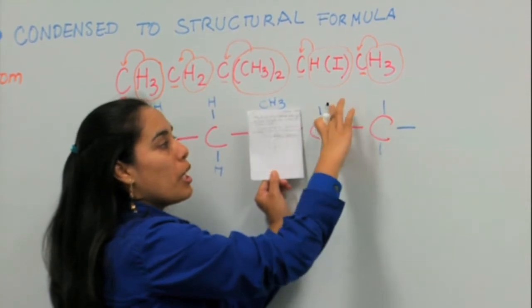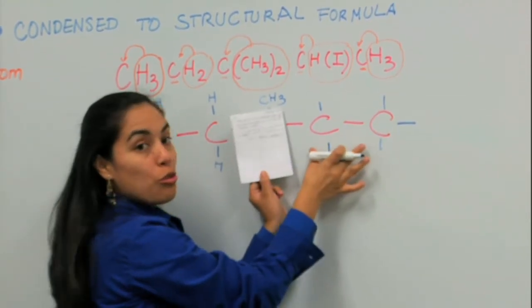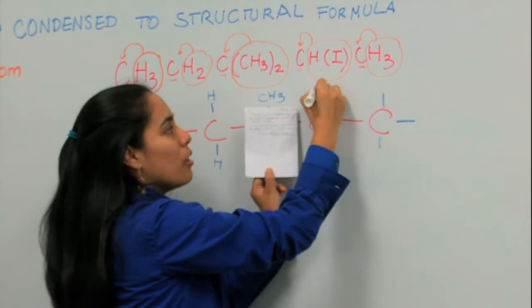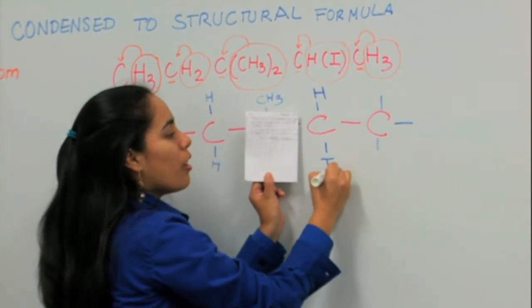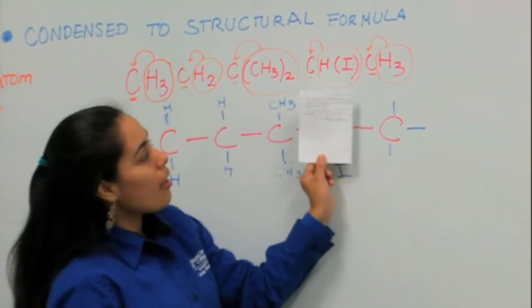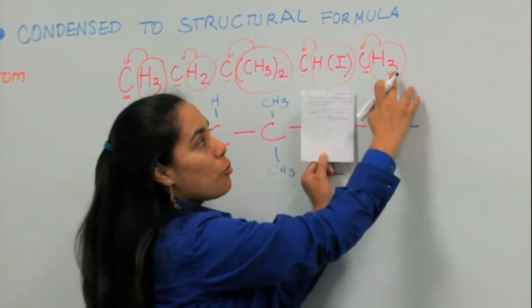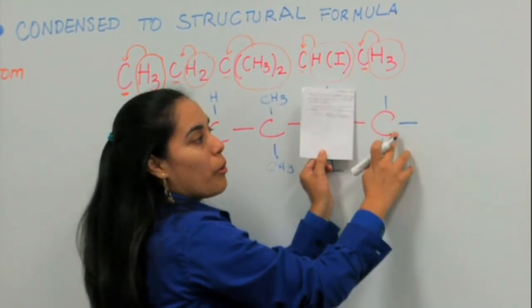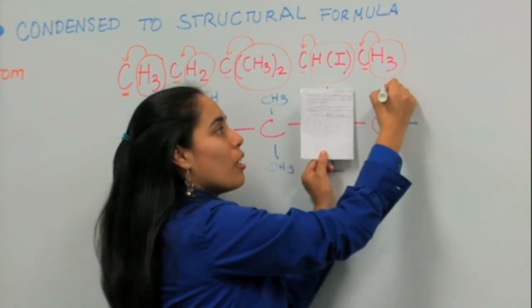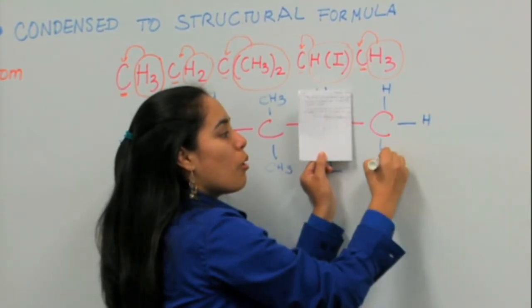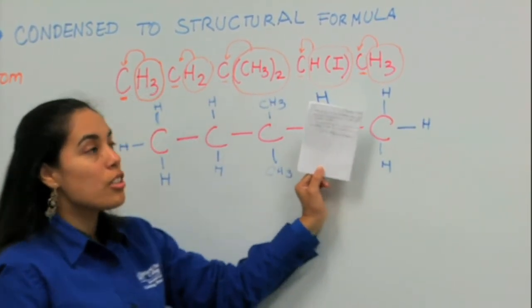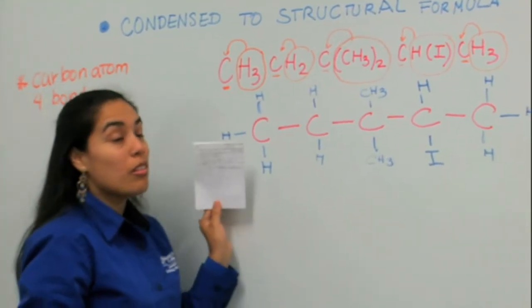So I need to put them here and here, because these 2 sides are already full. Hydrogen and iodine. And lastly, I need to put these 3 hydrogens for this carbon atom, that is this one. 1, 2, 3. And supposedly I should be done, right?